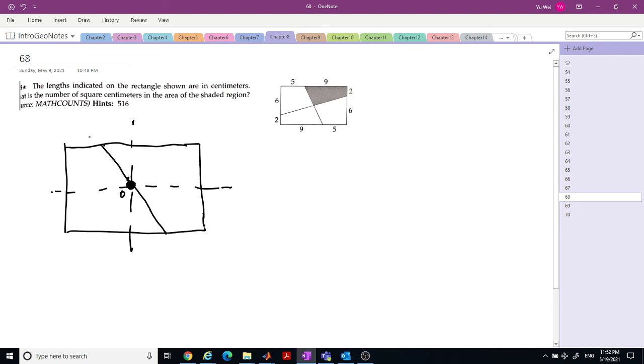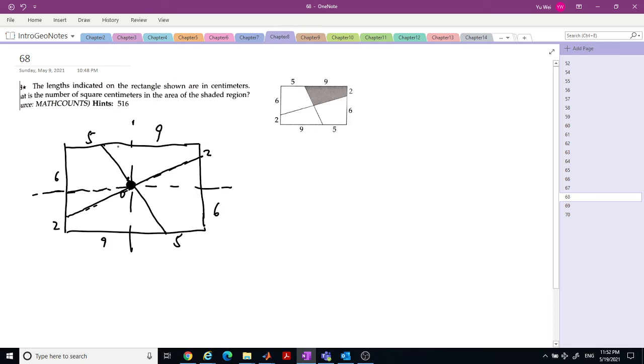So here you can see it's 5 and 5, 9 and 9. The other line passing through gives symmetry of 2 and 2, and 6 and 6. Okay, so if we draw all of these, now let's see how we can derive it.